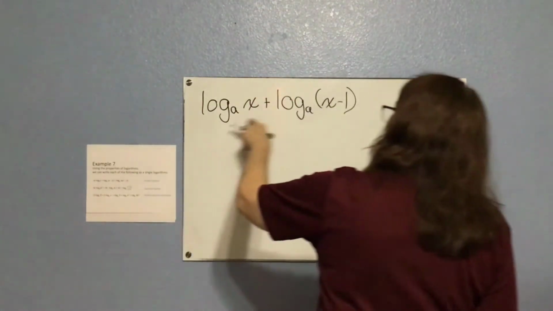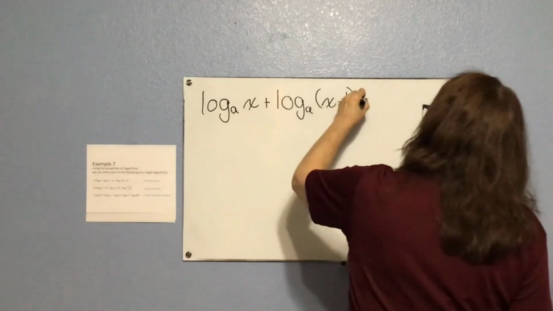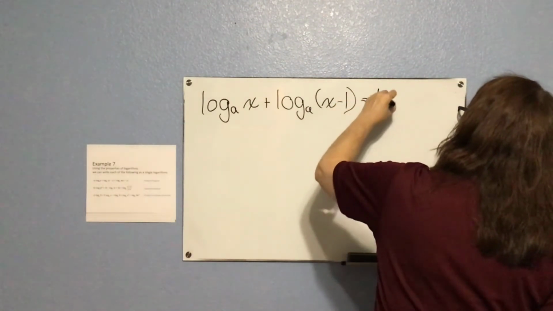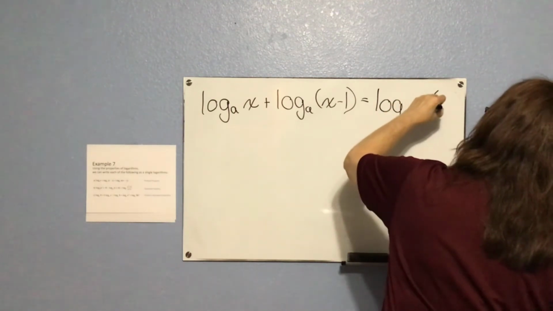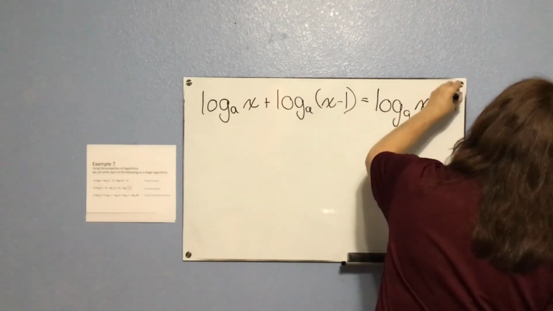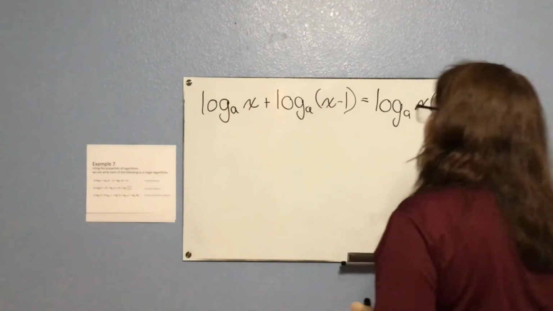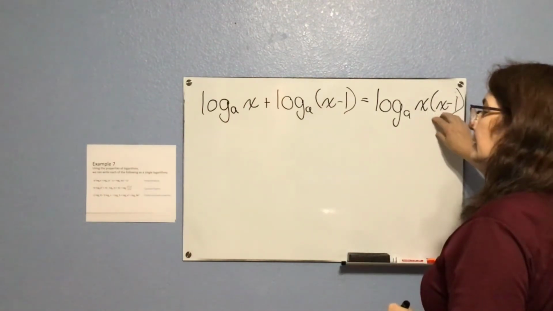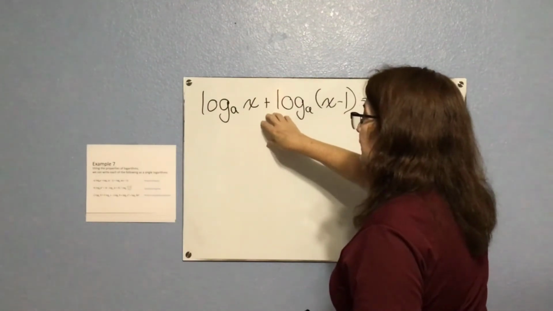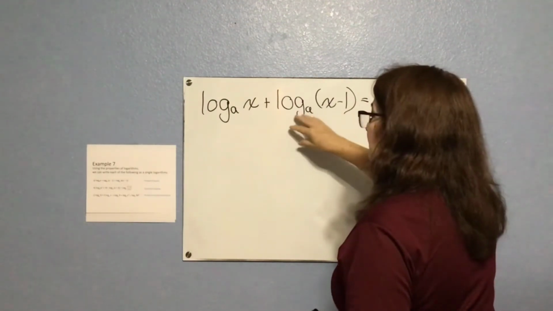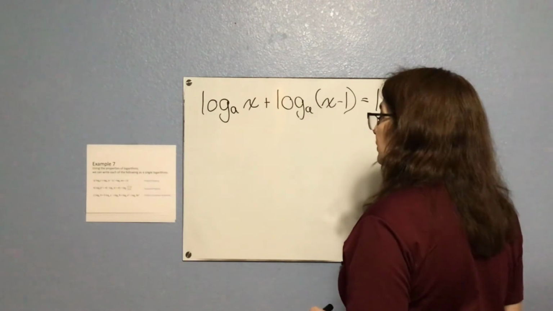When I'm adding these two logarithms, I can write it this way. Log base A of x times x minus 1. Okay, there's times when this form is more useful. There's other times when this form is more useful. But the point is to remember that either form is equivalent.